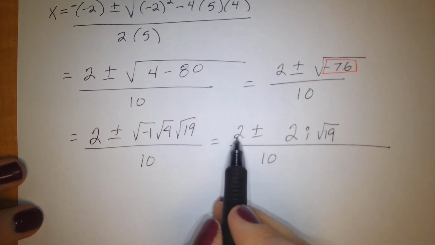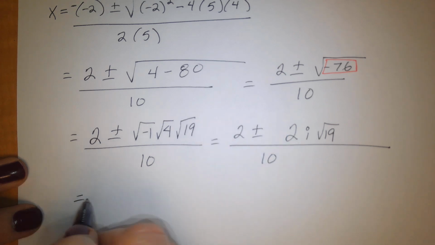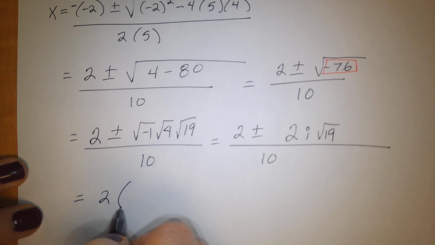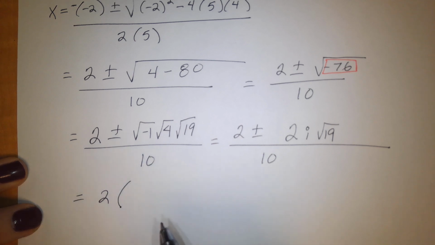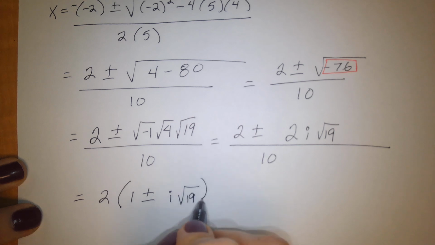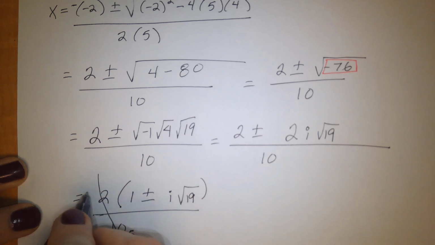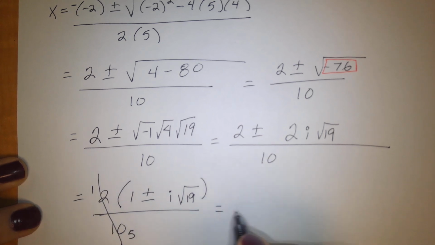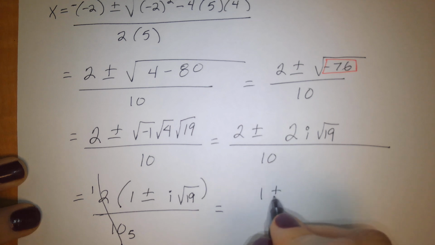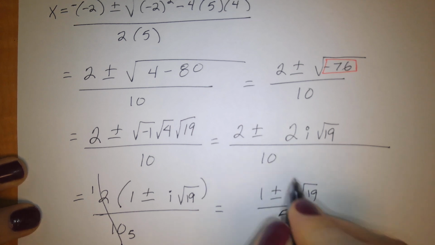So now let's simplify. Both 2's are even, so I can pull a 2 out as a greatest common factor of the numerator. When I pull a 2 out of the numerator, it's going to leave me with 1 plus or minus i square root of 19 over 10. And these will reduce to 1 over 5. So I'll have 1 plus or minus i square root of 19 over 5 as my two answers.